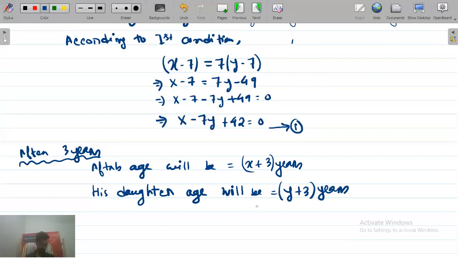Now, what is the second condition? That after 3 years from now, I shall be 3 times as old as you will be. That means after 3 years, the father's age will be 3 times his daughter's. Yes or no?